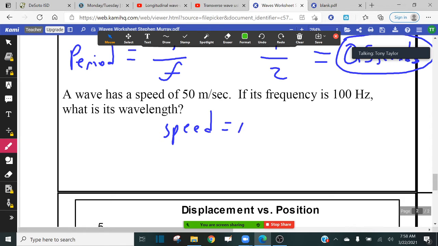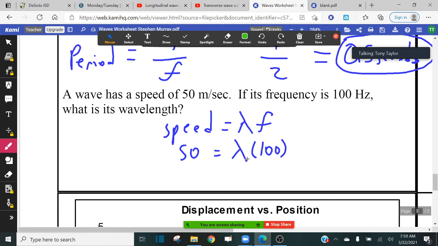Speed is equal to wavelength times frequency. Here they're asking us to solve for lambda, in other words, wavelength. They tell us our speed is 50 and our frequency is 100. So I just plug everything in.